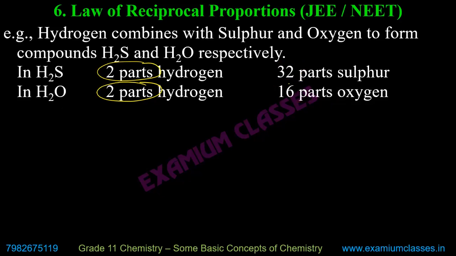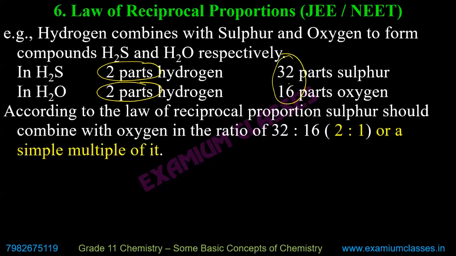So we will calculate this ratio first. According to law of reciprocal proportion, sulfur should combine with oxygen in the ratio either the same, 32:16 means 2:1, or a simple multiple of it.